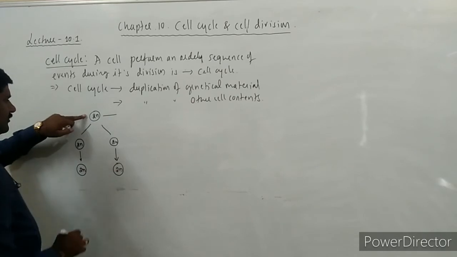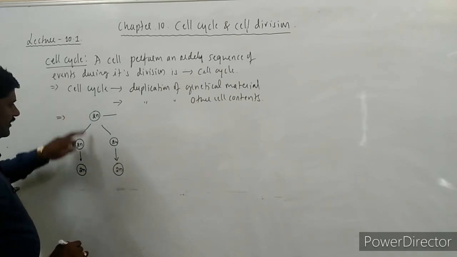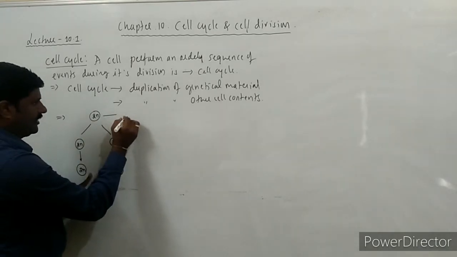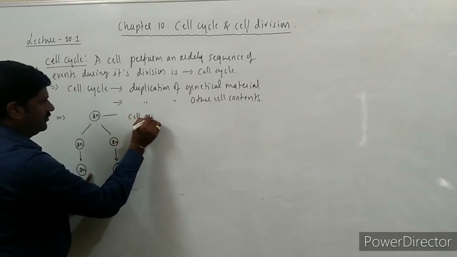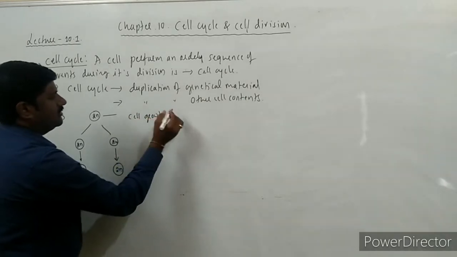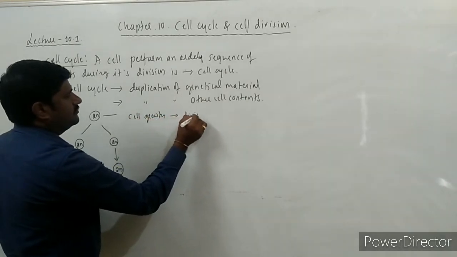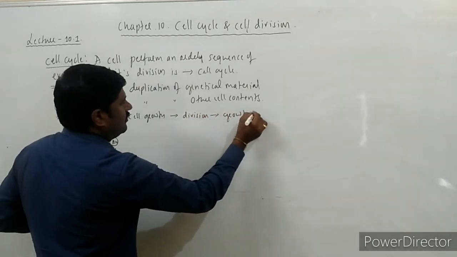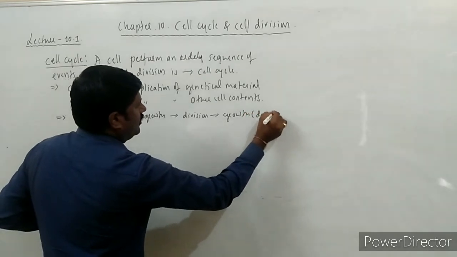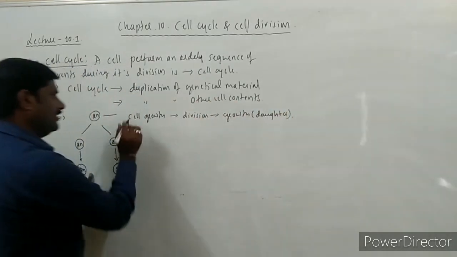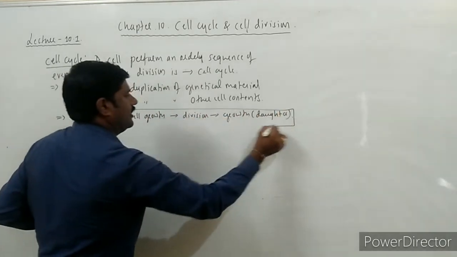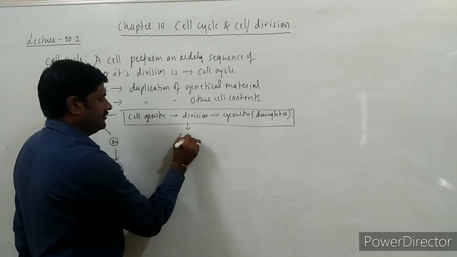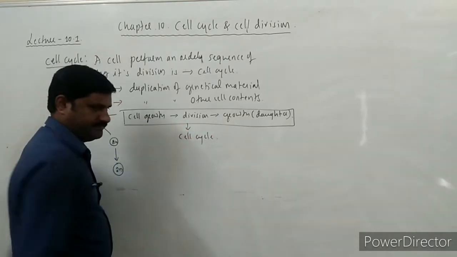Right? So from here to here, what is the sequence of events that occur? All these sequence of events, that is nothing but cell growth and division, and again growth of daughter cells. So this is totally called the cell cycle.